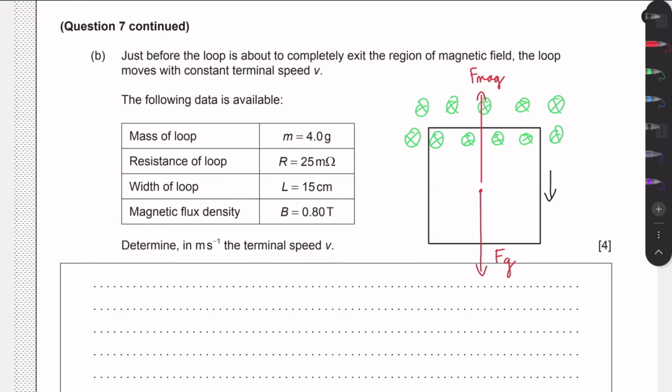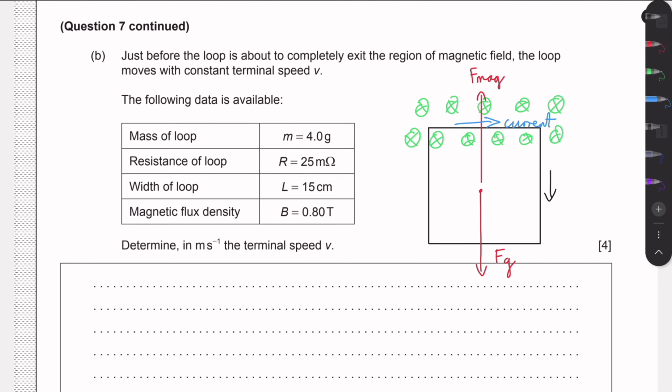So if we use our right-hand rule with our thumb pointing down, or our pointing finger pointing into the page, then we will see that there will be a current flowing this way in the loop. And if we use our right hand rule again, now with our thumb pointing to the right, our pointing finger pointing into the page, then our middle finger will be pointing upwards, which is in the direction of this magnetic force. So that is why we're going to have an upwards magnetic force here.